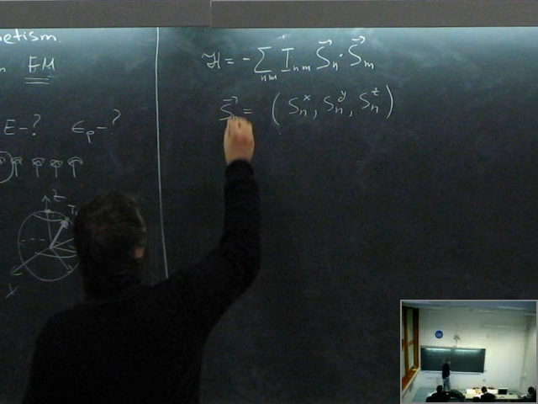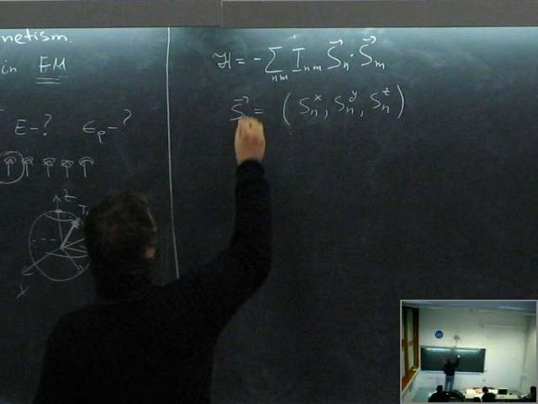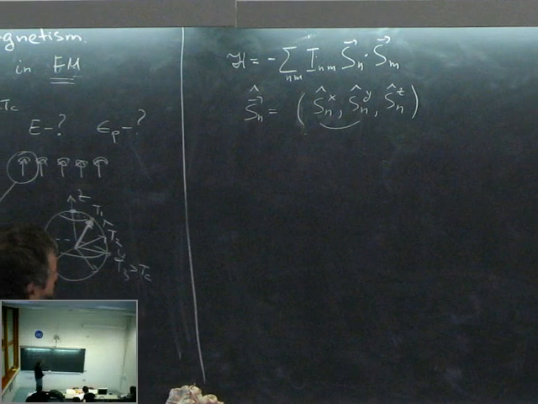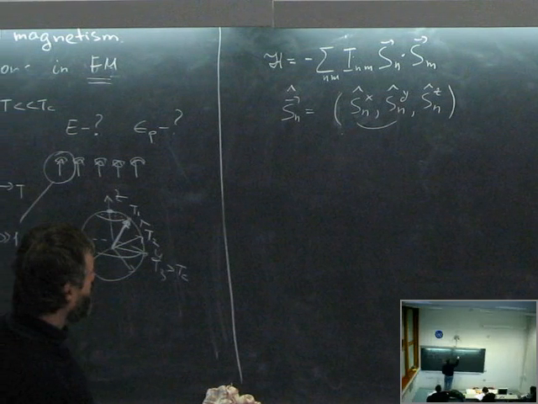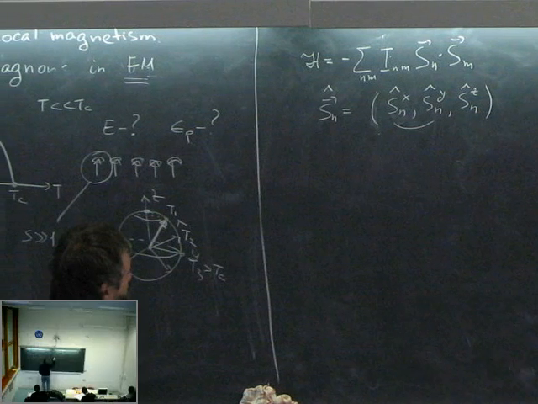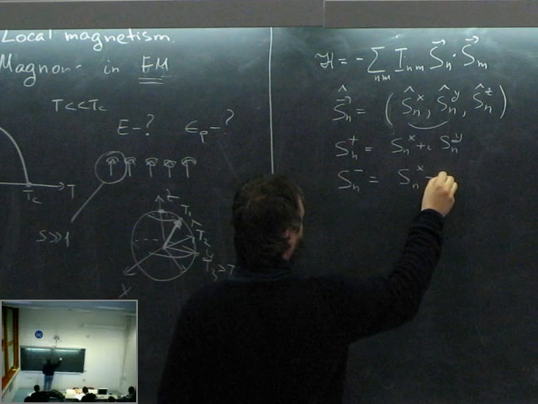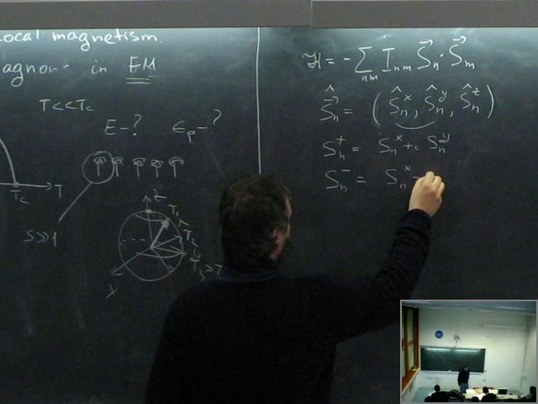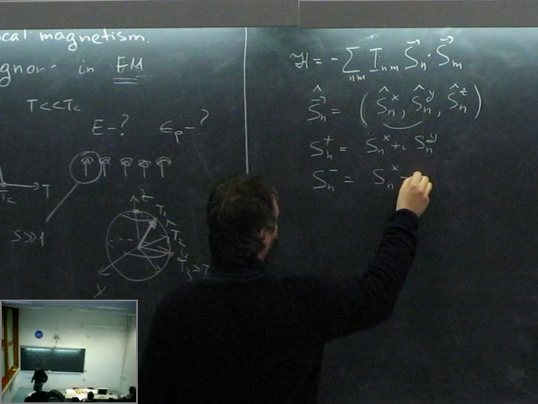Each component is an operator as well. So instead of working in the x, y basis, I would like to mix them a little bit, such that I introduce operators S n plus, which would be S n x plus i S n y, and the operator S n minus, which will be S n x minus i S n y, where i is the imaginary unit.